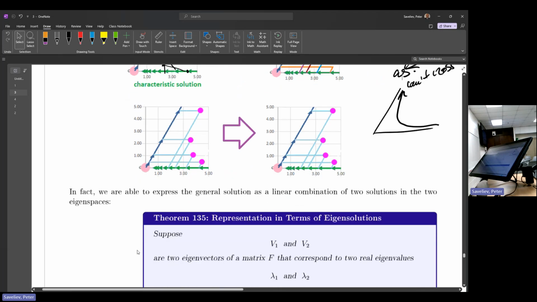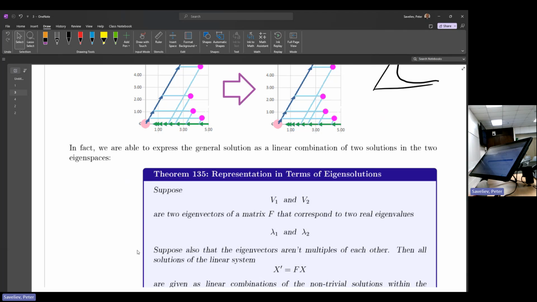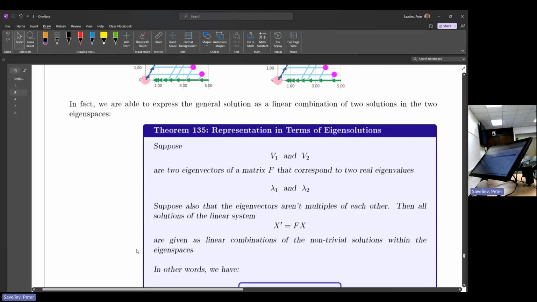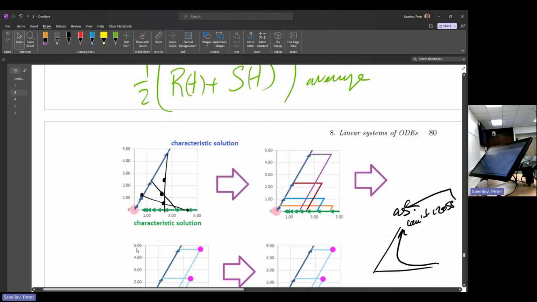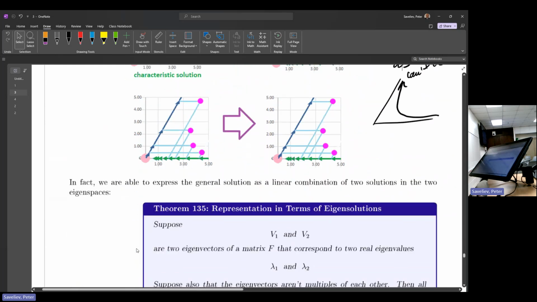So once again, if we have two eigensolutions corresponding to eigenvectors that are not multiples of each other, then we can write every solution as a linear combination. These are two examples of linear combinations of those two solutions.